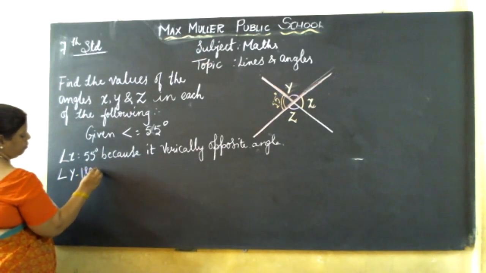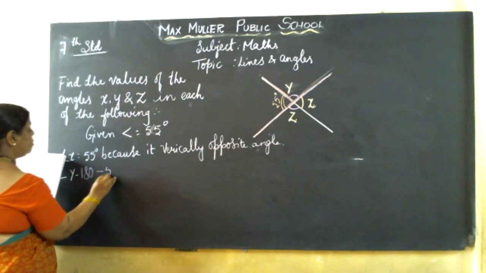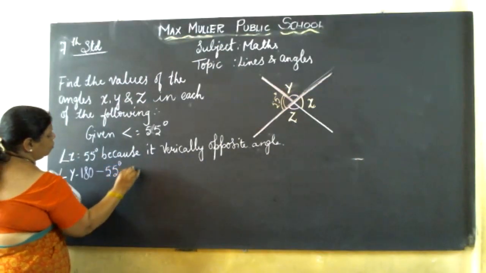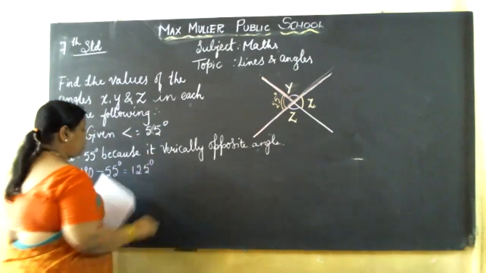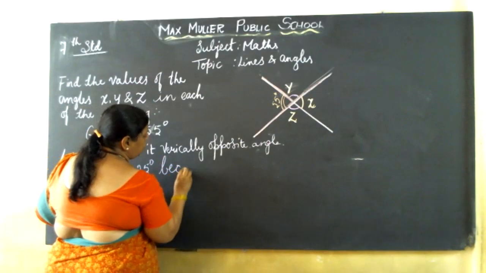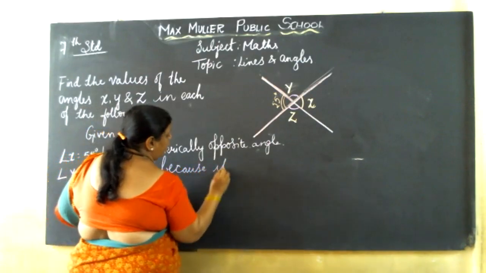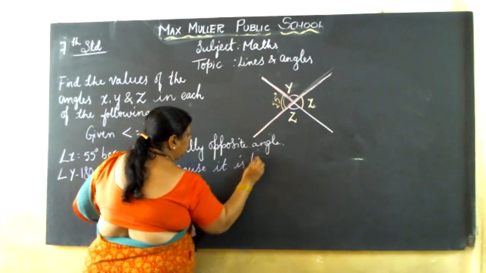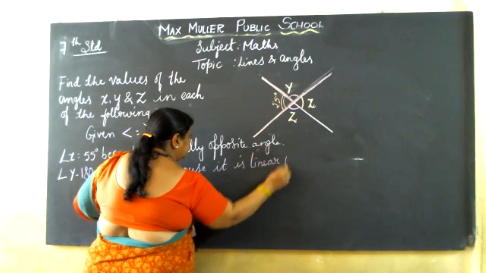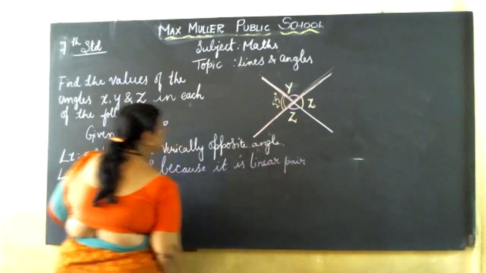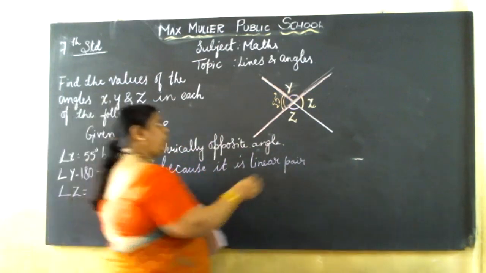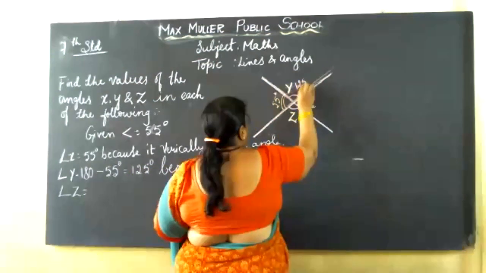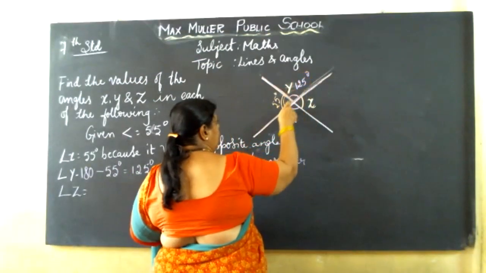180 degree minus 55 degree is equal to 125 degree because it is linear pair. And now Z. When this is 125 degree, it is vertically opposite again.